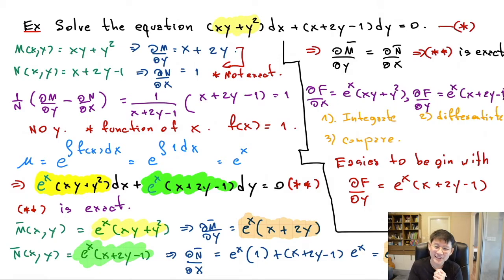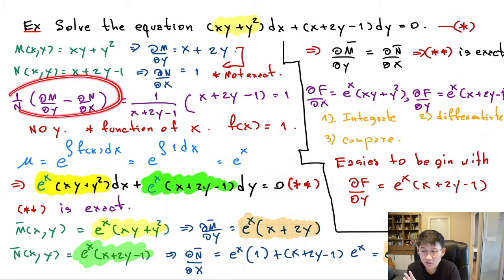So it's like we have an equation which is not exact, and if it satisfies this condition, if this is a function of x, we can find mu. If we multiply mu to this equation, we get another equation which is exact. So that's how it works.